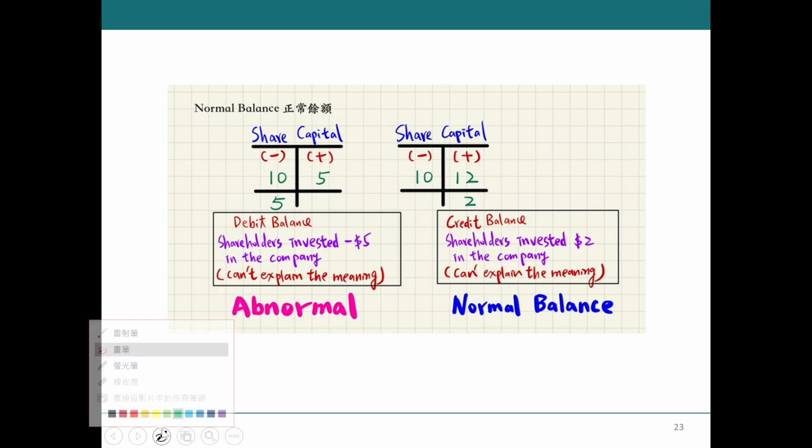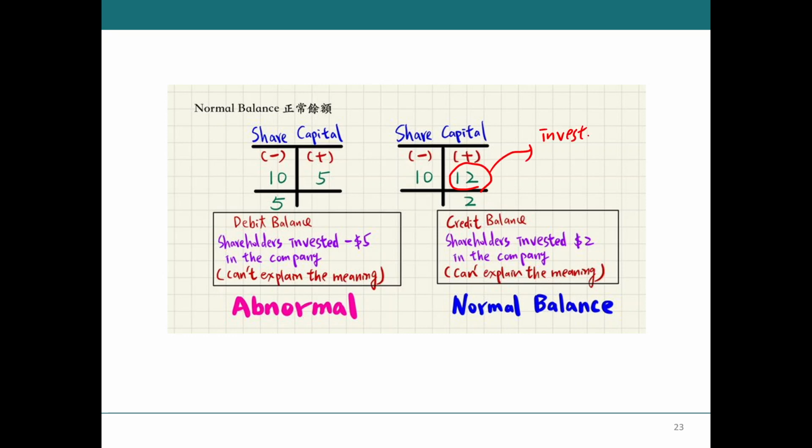At the beginning, investor invested in your company. Okay? So investor invested in your company. That's why share capital increases, right? Because they put their money in your company. So their right in your company increases $12.